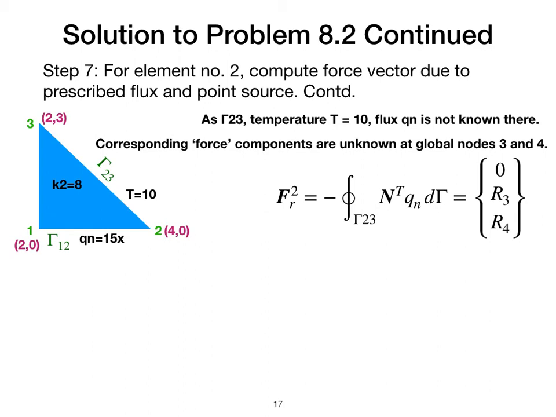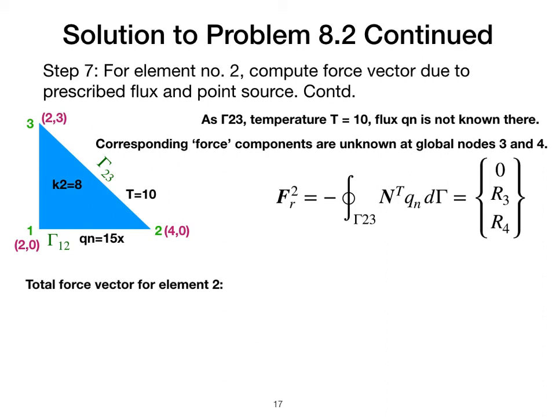The first entry is 0. This is because N1 will be 0 at gamma 23, because gamma 23 is a line between node 2 and node 3, and the first shape function, that is N1, is 0 at both nodes 2 and 3.